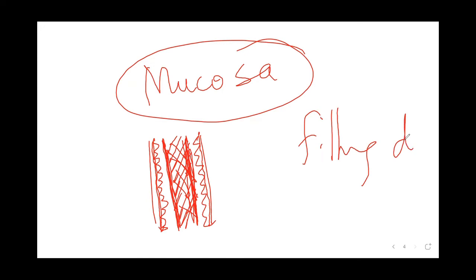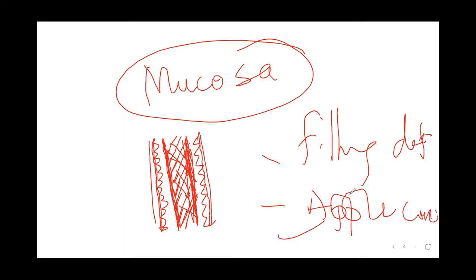Okay, they can present with apple core deformity. They can have shouldering effects. These are several findings you see in barium enema.